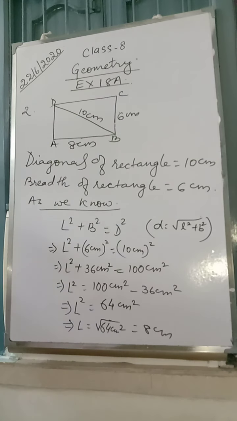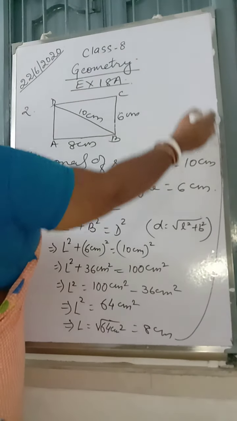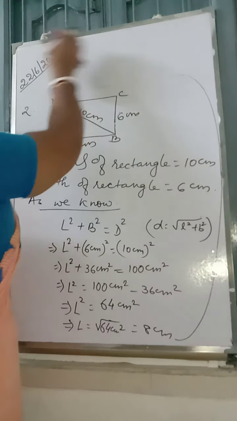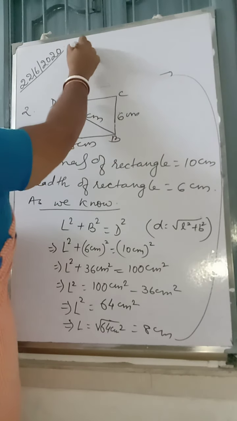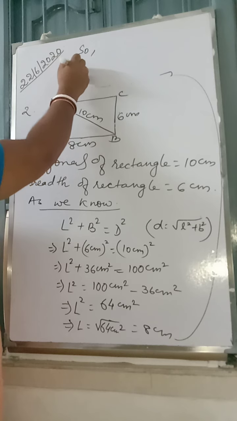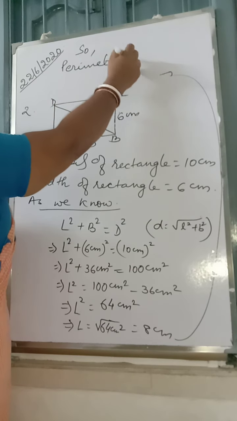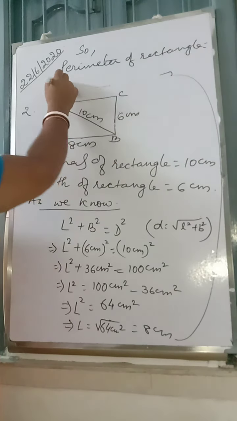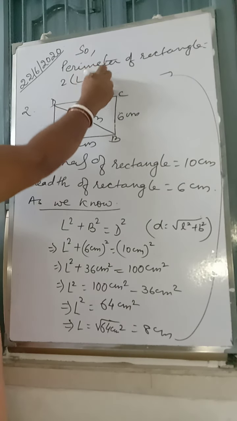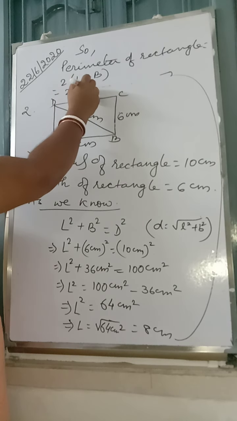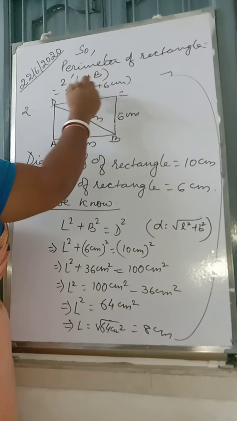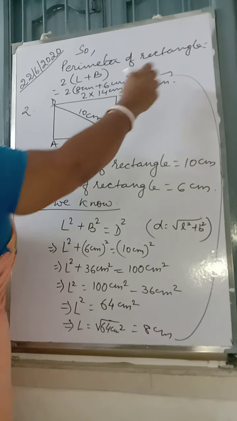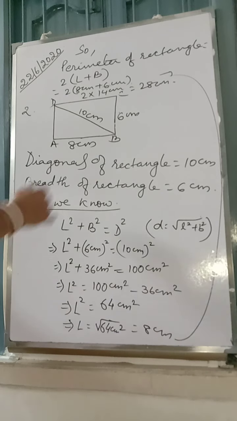So once we got length is 8 centimeter, what would be the perimeter of rectangle? So perimeter of rectangle is 2 into L plus B, or 2 into 8 centimeter plus 6 centimeter, 2 into 14 centimeter is equal to 28 centimeter is the rectangle's perimeter.